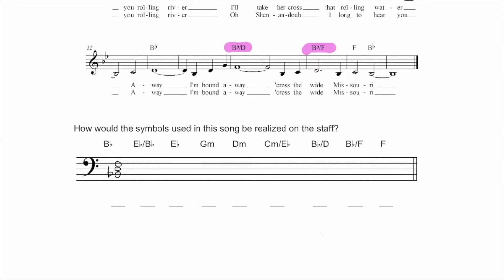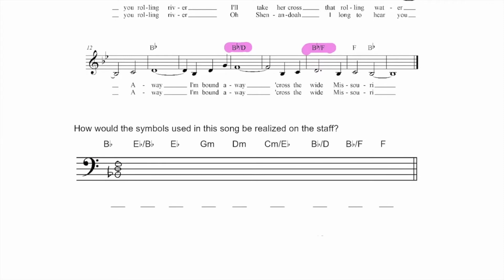Take a look at the next symbol, E flat over B flat. So if I'm to interpret this symbol, the E flat with no further modification means a major triad. So I think to myself, what's an E flat major triad? I get E flat, G, B flat. But before I write it on the staff, I want to pay attention to its inversion.